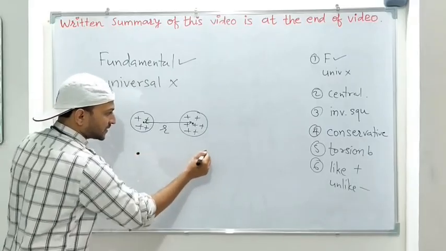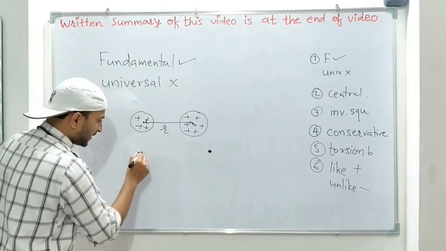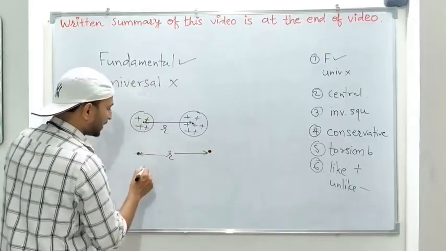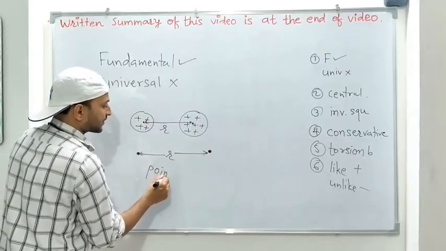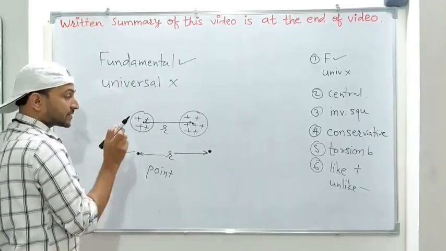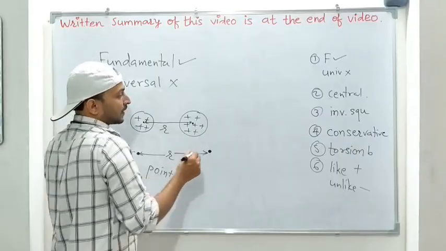When the size of charged bodies is very small compared to the separation between them, they are called point charges. So Coulomb's law is valid only for point charges. This is one condition. That is why it is not a universal law.